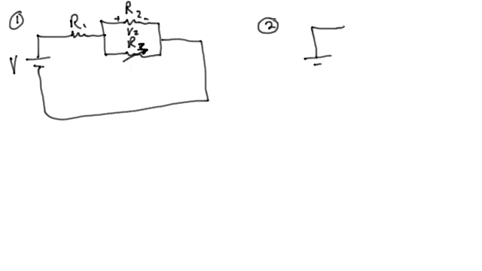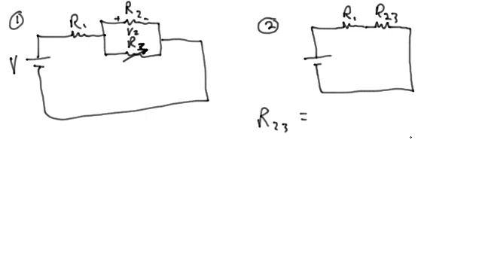it involves R1 and R2 and R3 being combined into a single parallel resistor, I'll call it R23, where R23 is equal to 1 over (1 over R2 plus 1 over R3).